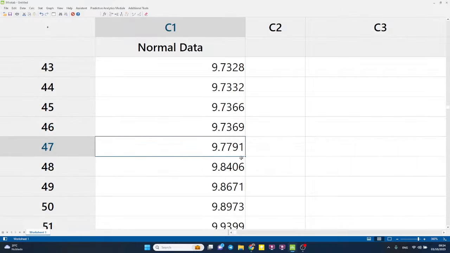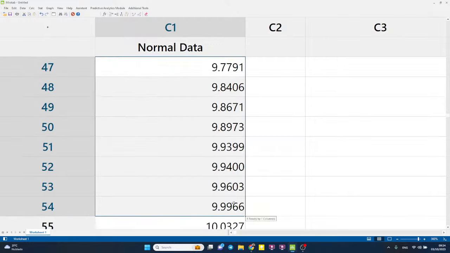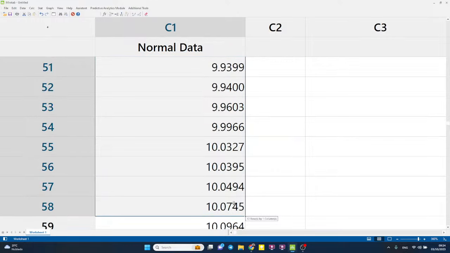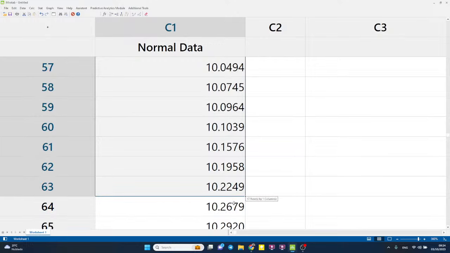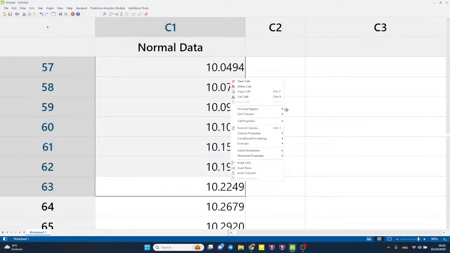Oh, this is the first one, because this is below 9.75. So this is the first one. 1, 2, 3, 4, 5, 6, 7, 8, 9, 10, 11, 12, 13, 14, 15, 16, 17. 18? No, because 10.2679 is out of my interval, which goes from 9.75 to 10.25.